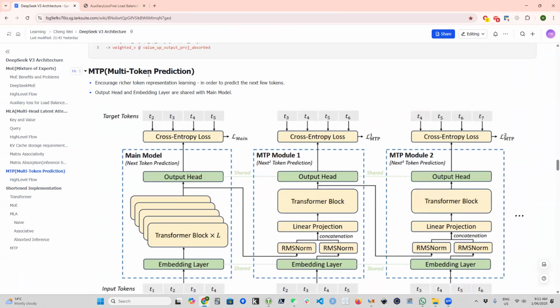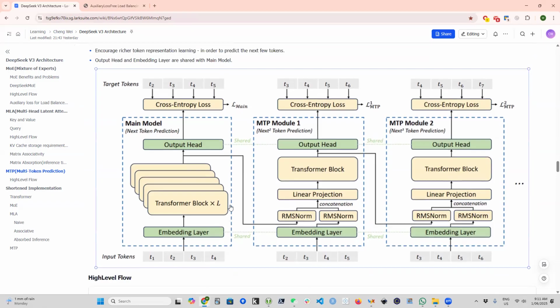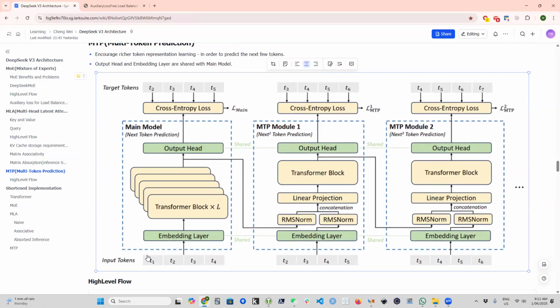Okay, so multi-token prediction. The purpose here is to encourage richer token representation learning in order to predict the next few tokens. Previously, when we input a token, we only predict the next token, right?